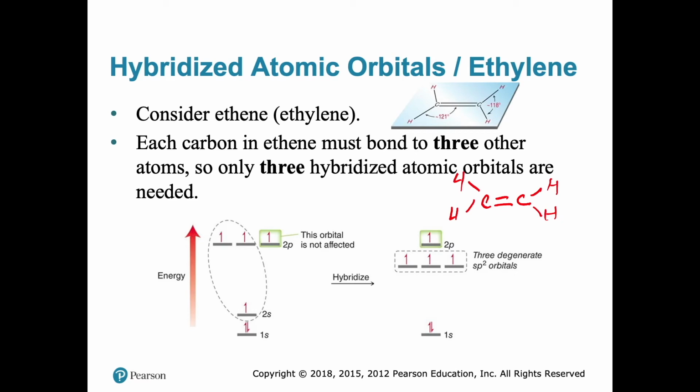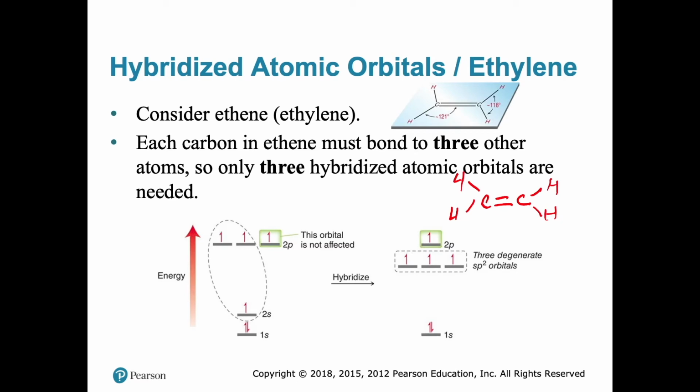So, interesting thing about ethylene, though, right? Ethylene is not sp3 hybridized. It's something else. So here we have the same configuration as we did before with the sp3, where we had the Linus Pauling thing, the electron from the 2s orbital promoted to this 2p orbital.